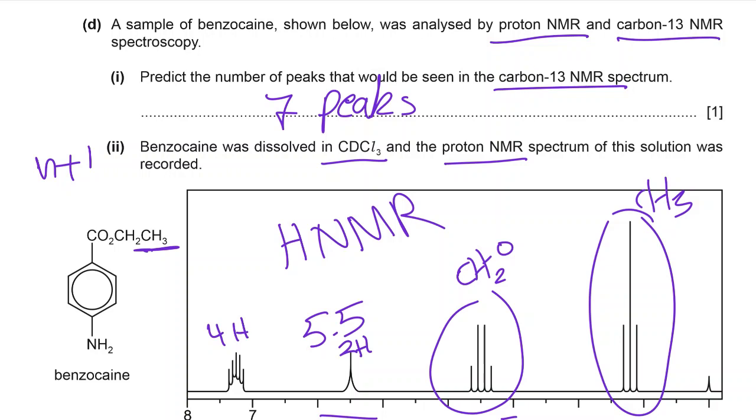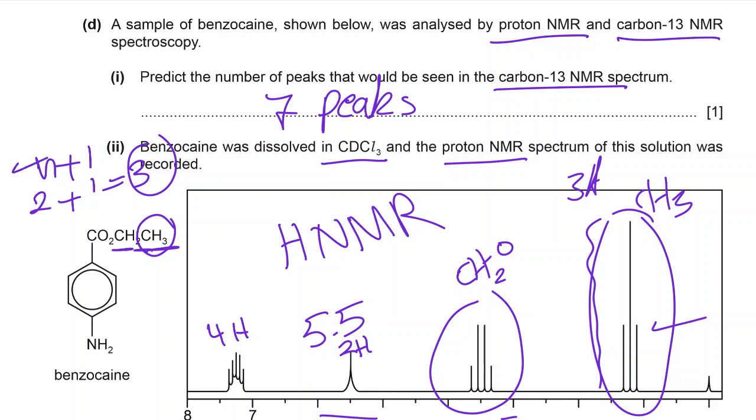The integration is 3H; from the integration, the length of this peak is 3 hydrogen. But I'm talking now about the shape of this peak, why it's a triplet. What's the neighbor of this group? The neighbor is CH2. How many hydrogen does CH2 have? 2 hydrogen. So n plus 1 is 2 plus 1 equals 3. So the shape of this peak will be a triplet.